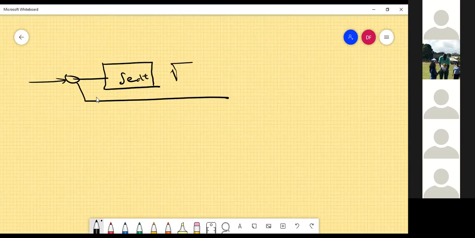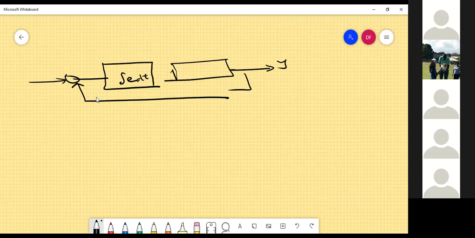You have your plant, you have your output. Now we say that if the error is 0, then the output is a constant, because if you integrate 0, you get a constant.